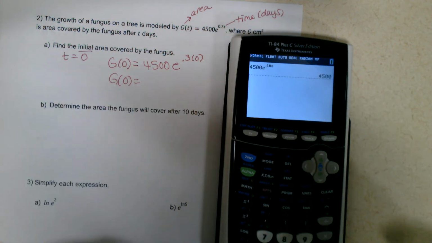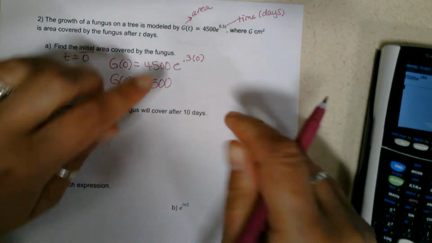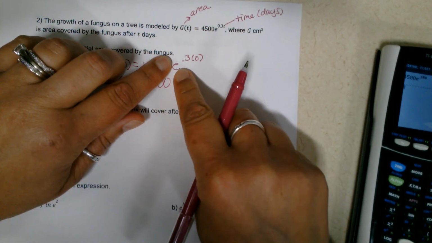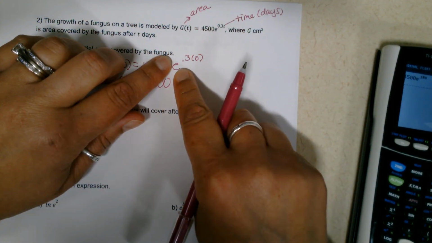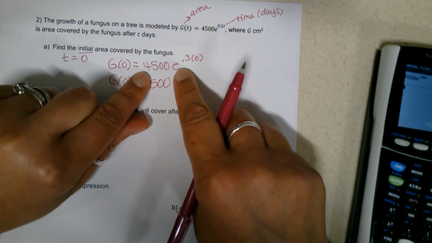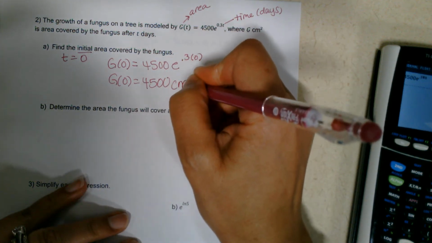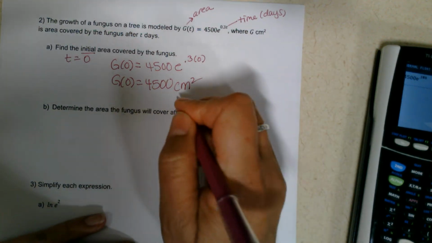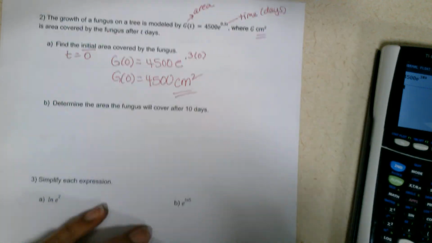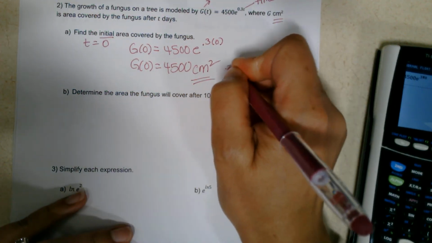Enter. 4500, which makes sense because this would be e to the 0 power, and e to the 0 power is 1, just like anything to the 0 power is 1, and 1 times 4,500 is 4,500. So it's going to be 4,500 centimeters squared. Don't forget your units, it really helps. That's going to be the area. That's the initial area. That's where it started.